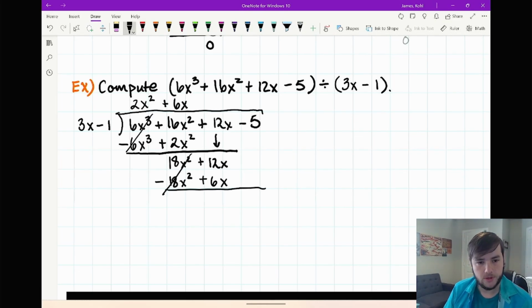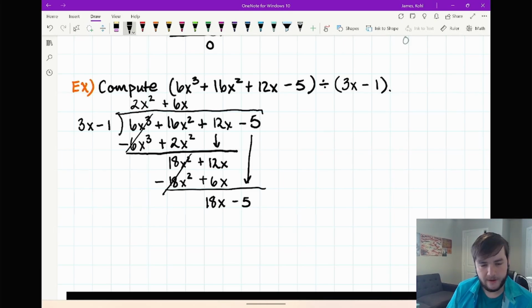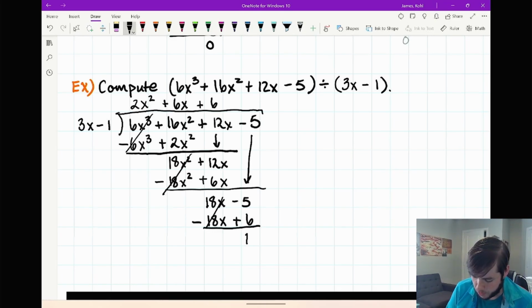My 18x squareds will cancel, and I'll be left with 18x, and I bring down that minus 5. My final factor here is going to be a 6. That gives me the 18x I need, but now I've got this minus 6. I subtract everything. My 18x is canceled, and I'm left over with 1 still.